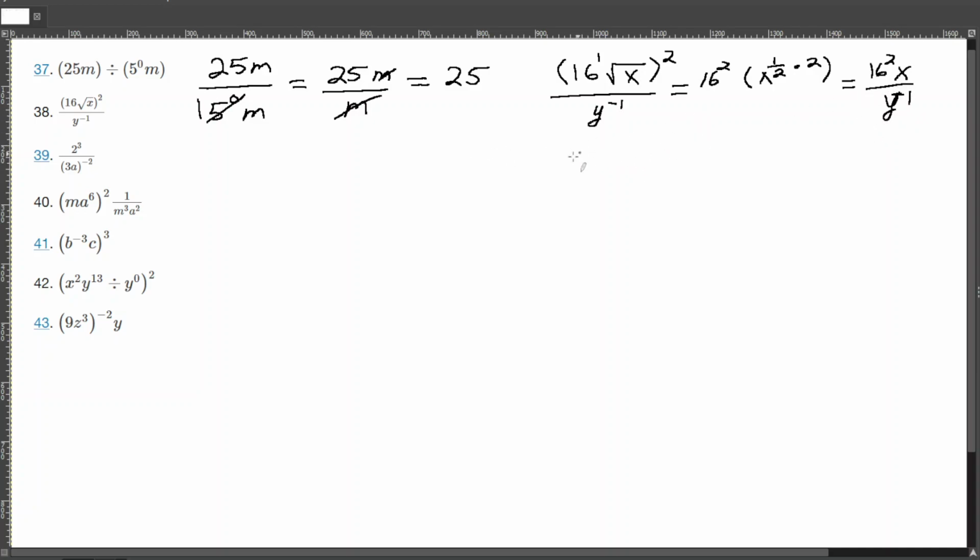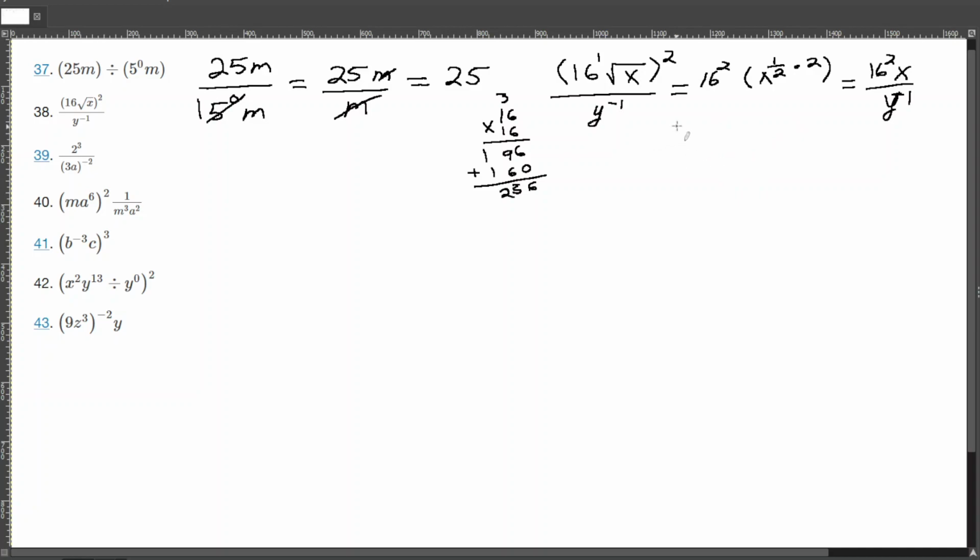So 16 squared we can do. Not sure what that is off the top of my head, so let's multiply it. 6 times 6 is 36, carry the 3, 6, 9, 96, and then that's 160, so that'll be 6, 5, carry the 1, 256.